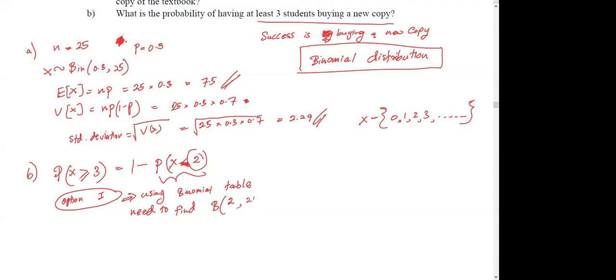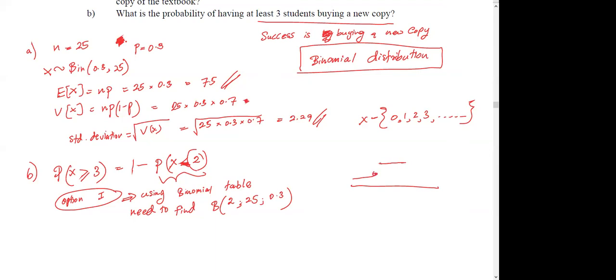What is n? 25. And what is the success probability? It is 0.3. I need these 3 values to find the particular CDF value, which means cumulative distribution value, because this is less than or equal.